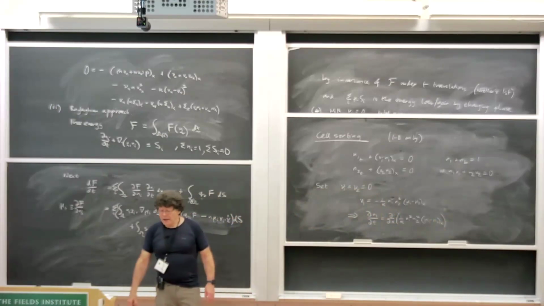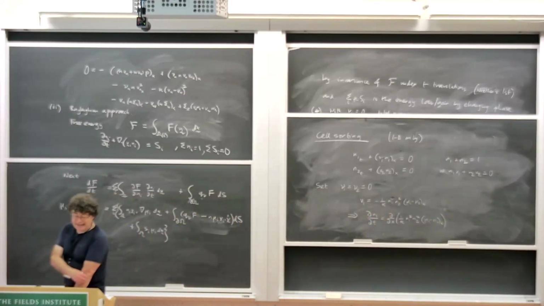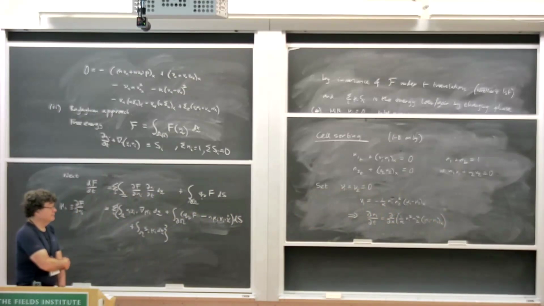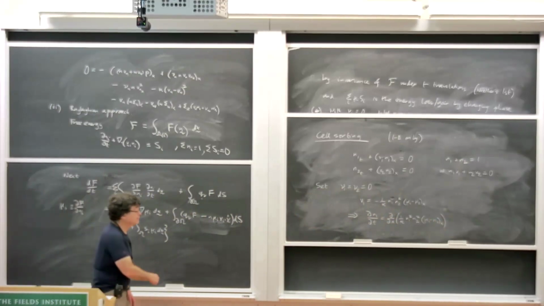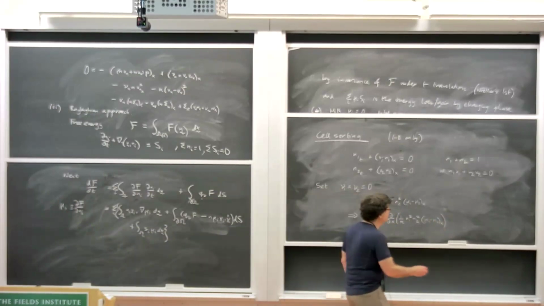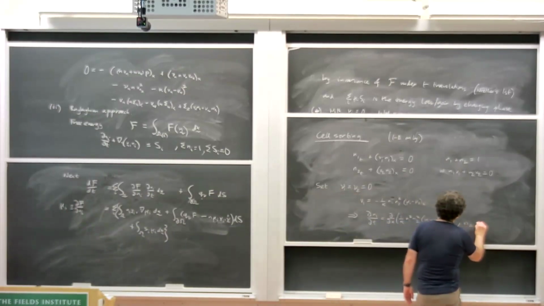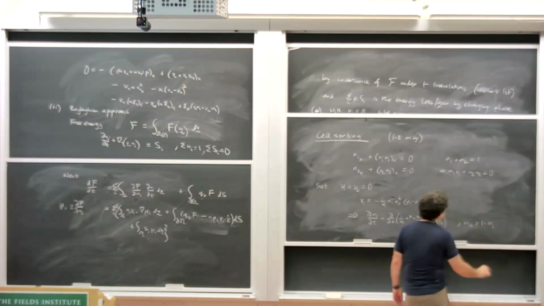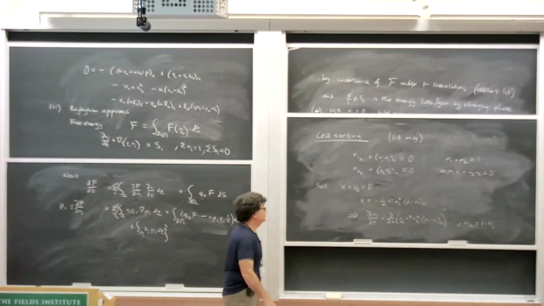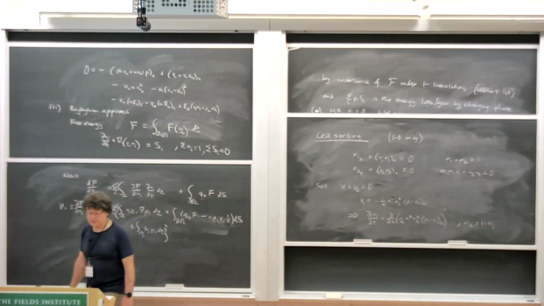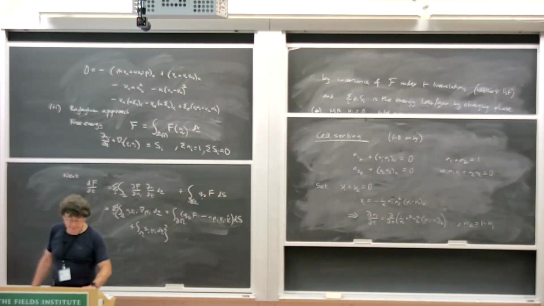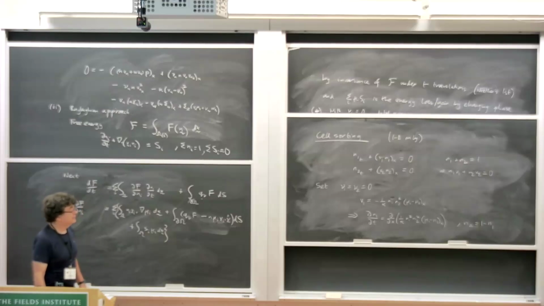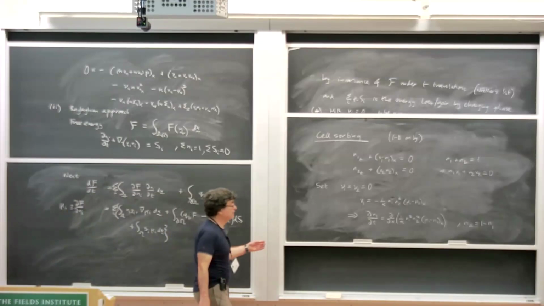Once you've specified f and therefore mu1 and mu2 as functions of n, you've got a closed system because you can eliminate n2 in terms of n1. So I'm going to make two final comments about it. So a single diffusion equation, if you like. You now have to decide what contributions you're going to put into the free energy, which in turn determines the mu for this thing to make sense.